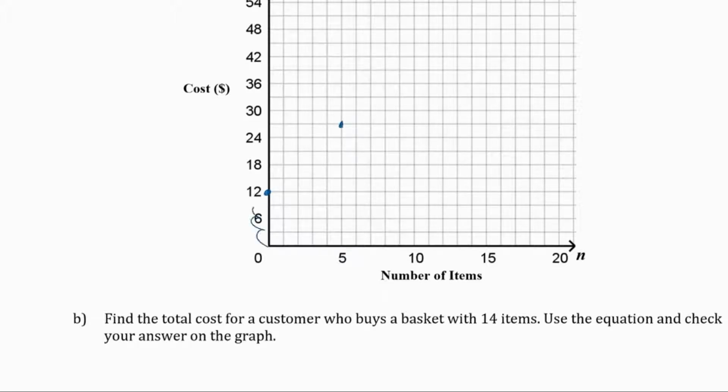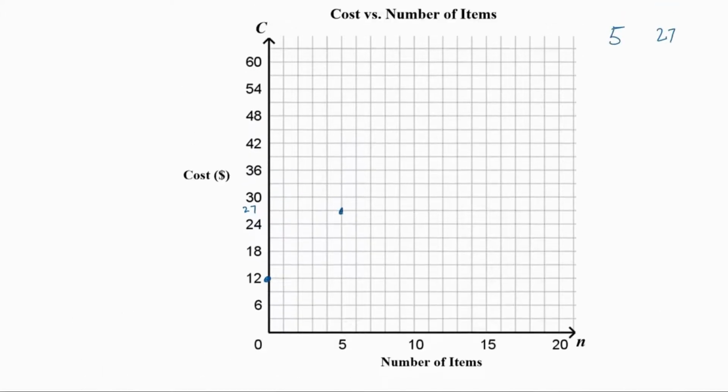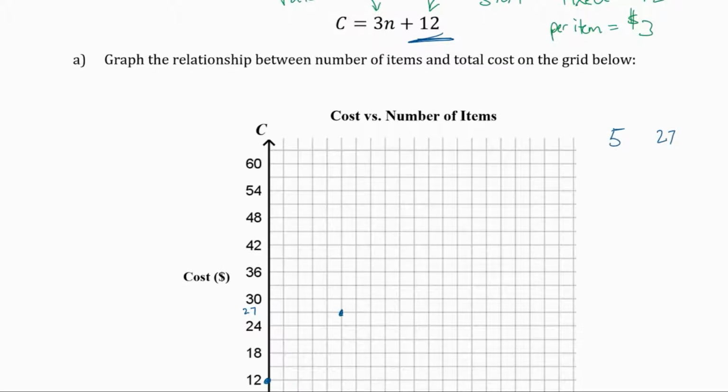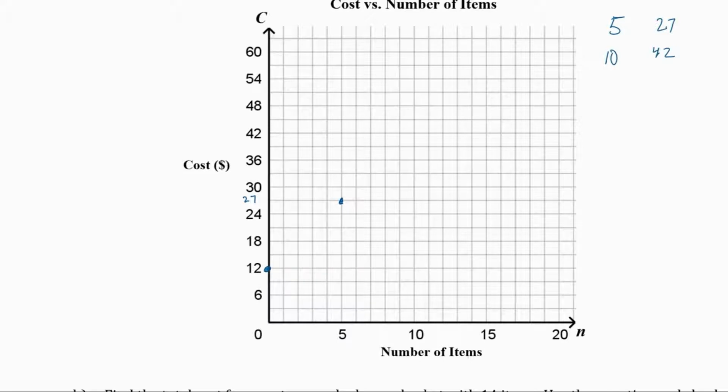So 3, 6, 9, 12, 15, 18, 21, 24, 27, 30. So there's my 27 for 5. I could go to 10 as my next one, and $3 each for 10 items is $30, plus the $12 fixed is $42. So 10 and follow it up to 42, and we can see that 42 is written there.